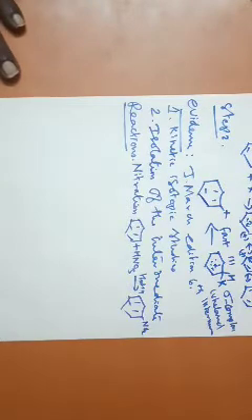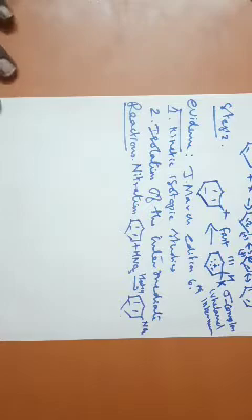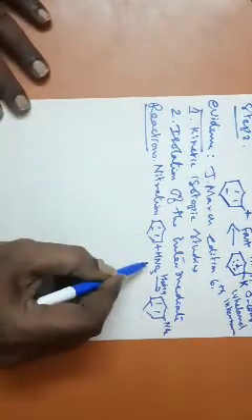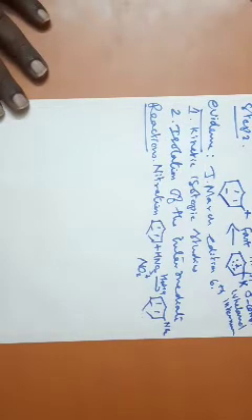This is an aromatic electrophilic substitution reaction. We saw the mechanism, how the electrophile NO2 plus is generated from the mixture of nitric acid and sulfuric acid, how it attacks and gives you the sigma complex or Wheland intermediate in the first step, and how the nitro compound is formed. All these things we have discussed.